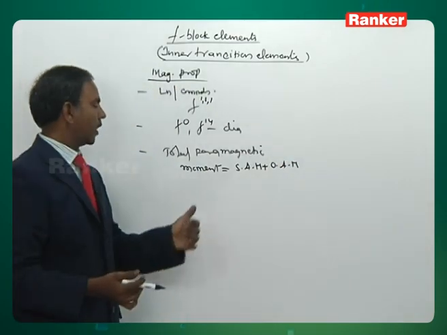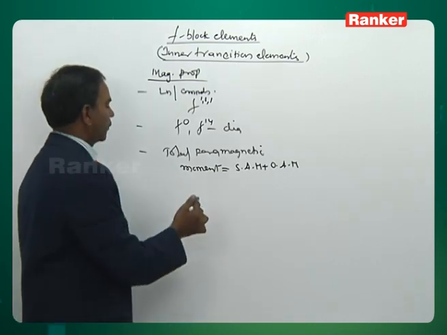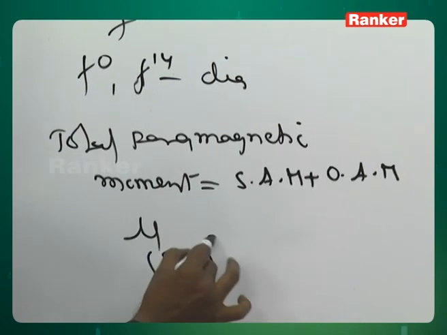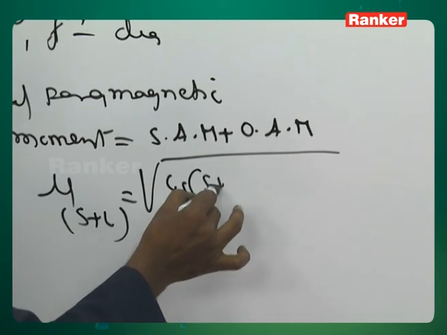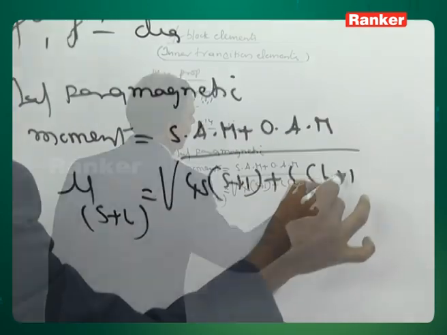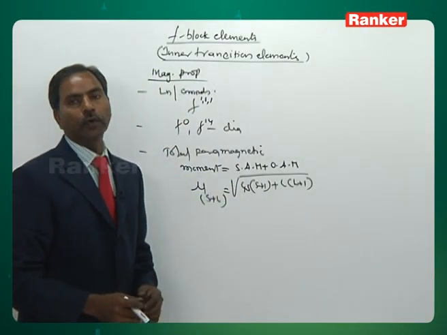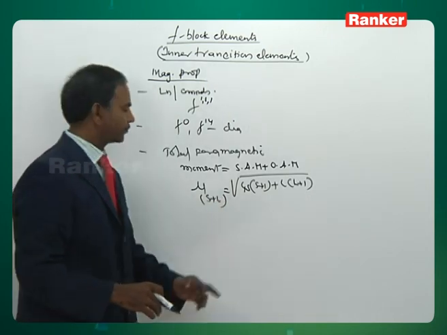Total paramagnetic moment equals spin angular moment plus orbital angular moment. We can show this with an equation: mu s plus L is equal to under root of 4s into s plus 1 plus L into L plus 1. This is the equation we apply for the calculation of total paramagnetic moment of any atom or compound.